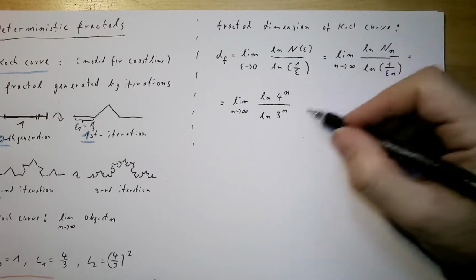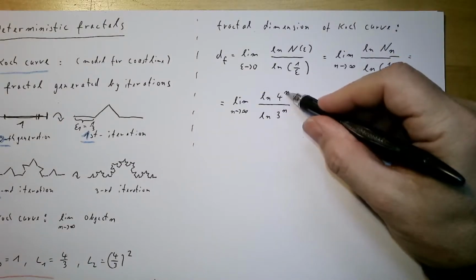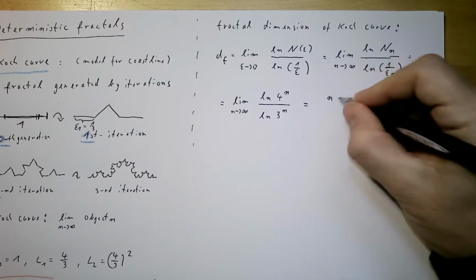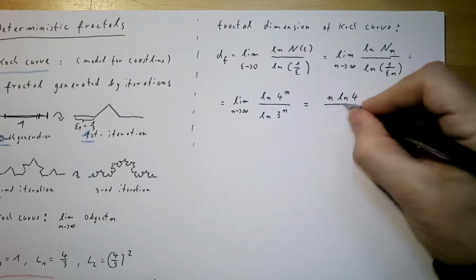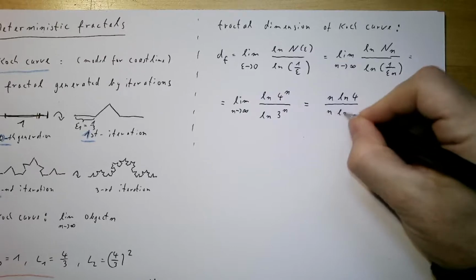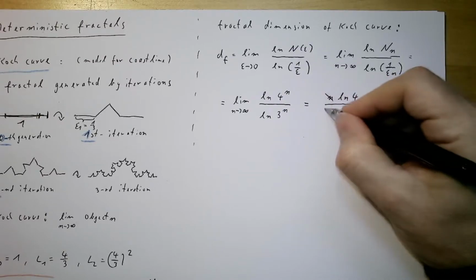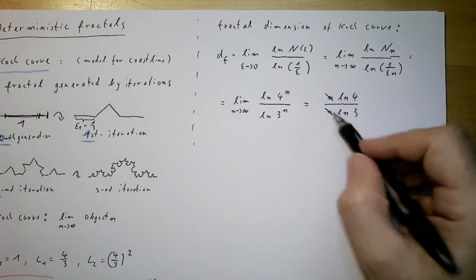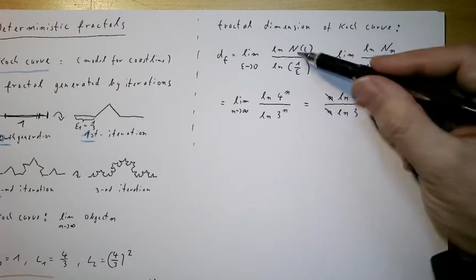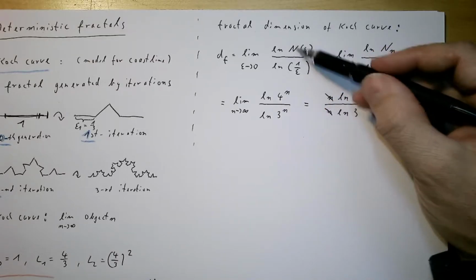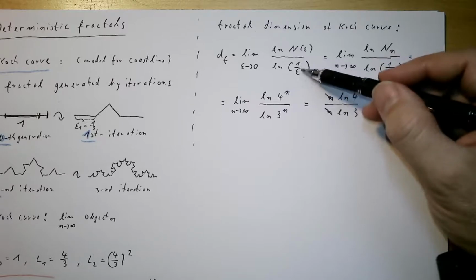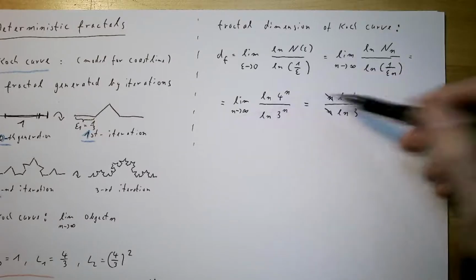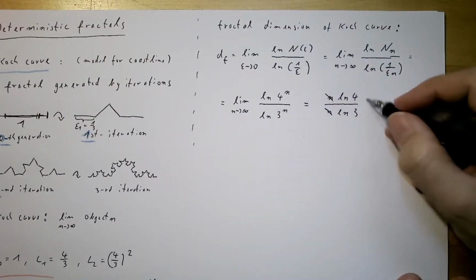And now you see, if you take the logarithm of something to the power n, we have n log 4 divided by n log 3, and the n's cancel. So we don't even need to take the limit n goes to infinity, because this increase in the number of objects we need to cover a certain scale epsilon is the same, independent of n. It's always this constant, and that's the fractal dimension.